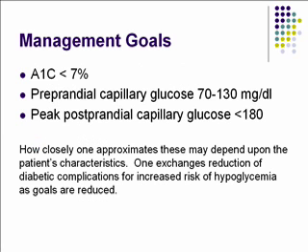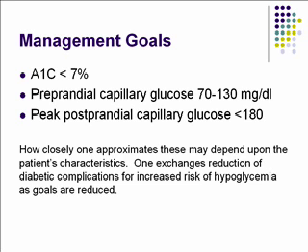Your management goals. You want their A1C less than 7%. Their preprandial capillary glucose should be 70 to 130, and their peak postprandial glucose should be less than 180. How closely you approximate this depends upon the patient's characteristics. Now, your A1C is going to be your primary indicator.